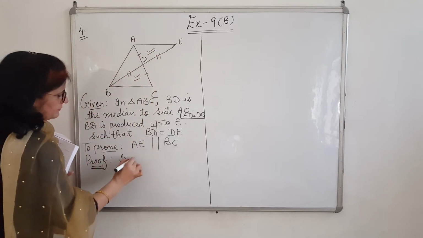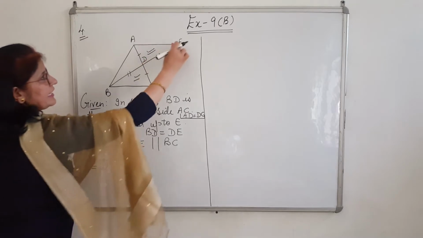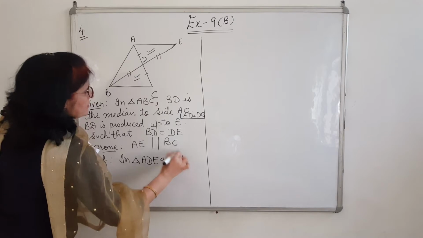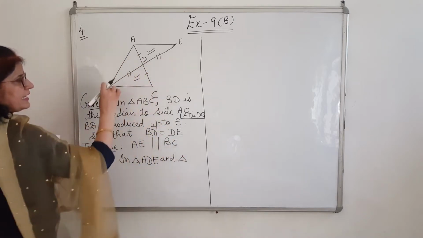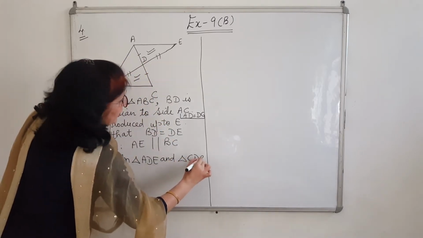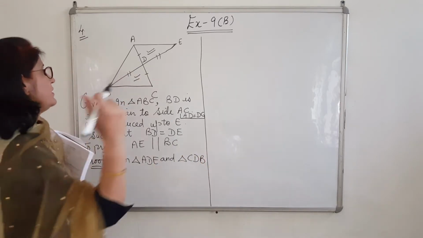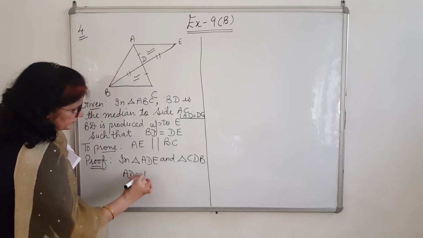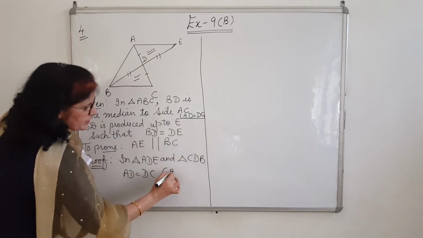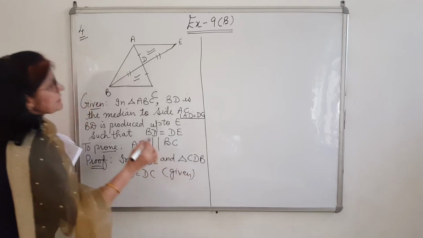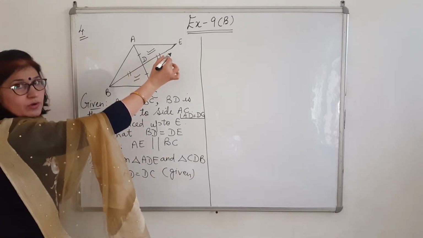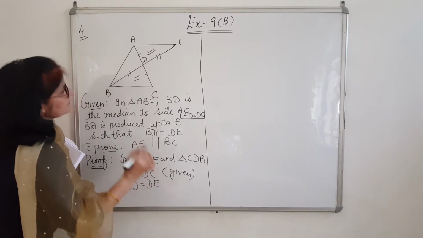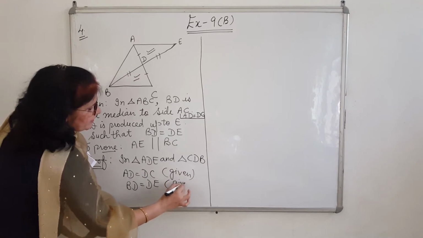In triangle ADE and triangle CDB. Now we have to take three things equal here. So first one, AD is equal to BC. It is given in the question. Secondly, BD is equal to DE. It is also given.